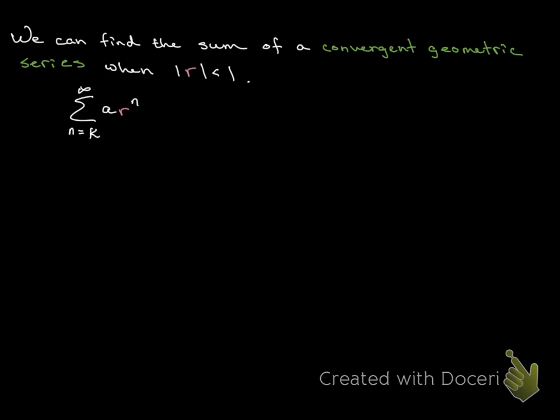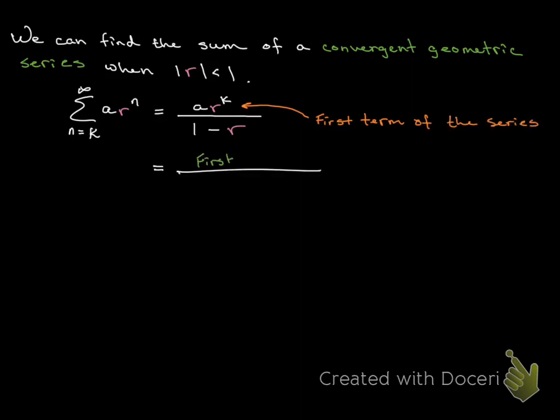It will actually add up to a times r to the k, divided by 1 minus r, where a times r to the k is what we call the first term of the series. In other words, the first term divided by 1 minus r. Again, I'm not going to show you exactly where this comes from. It's in the book.